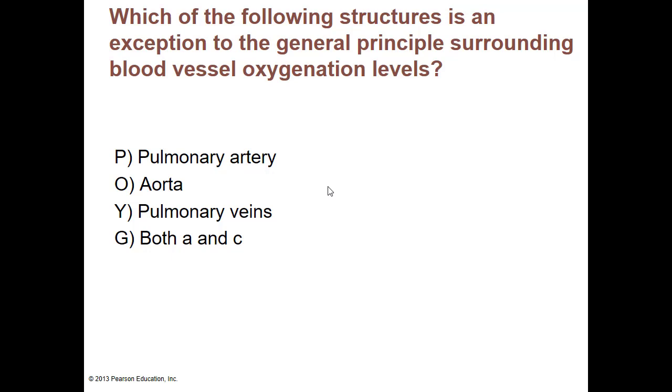Now, arteries almost always carry oxygenated blood. Veins almost always carry unoxygenated blood.